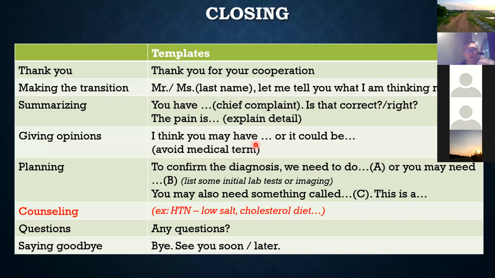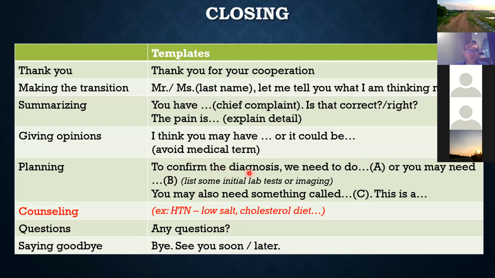For example, you may have something called a heart attack, or sorry, you may have something called myocardial infarction, or we usually call it a heart attack. That's the good one we can use, okay? And remember the second rule: explain everything you want to do with the patient. So that's why we have the planning part here. To confirm the diagnosis, we need to do something, blah, blah, blah, or you may need to do an x-ray, or you may need to do an EKG.